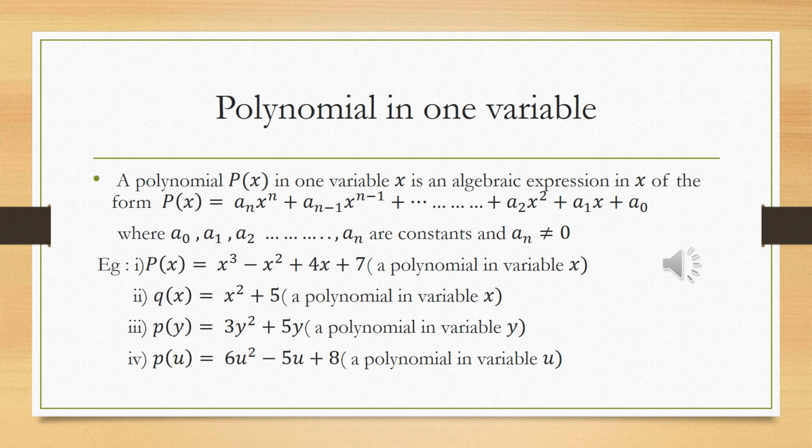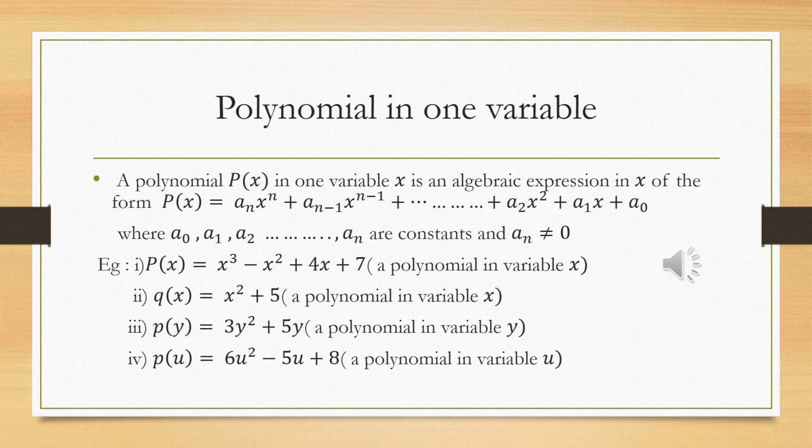Here we denote the polynomial by p of x, as it is a polynomial in the variable x. We can also denote it as q of x, r of x, etc. If we take a polynomial in y, we can denote it as p of y, q of y, r of y, etc.